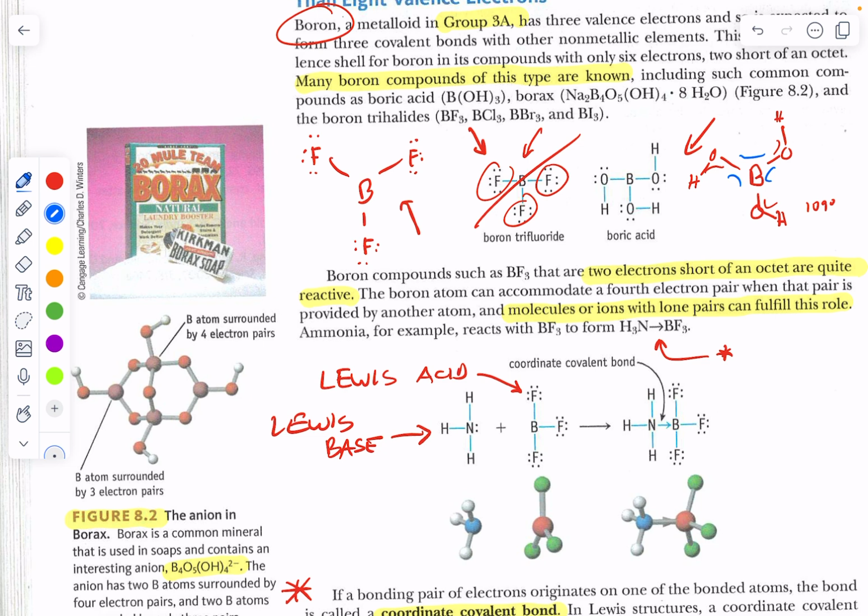It's not like there's something bad or wrong or dangerous about boron trifluoride. It's just that our model, as straightforward as it is for the vast majority of small molecules, just doesn't work here very well at all.